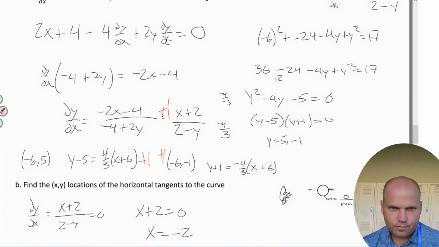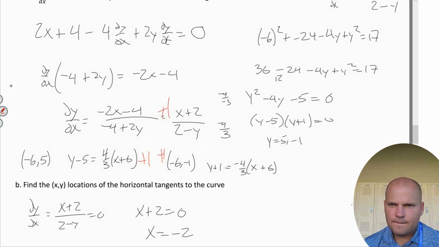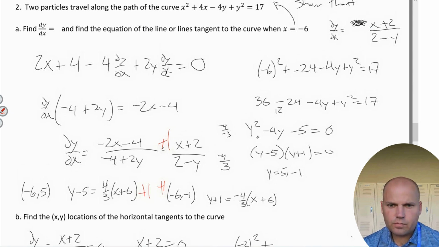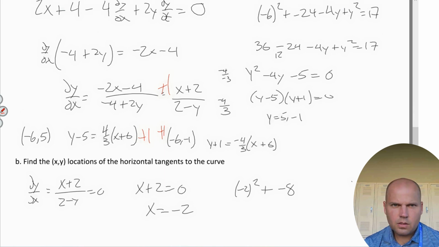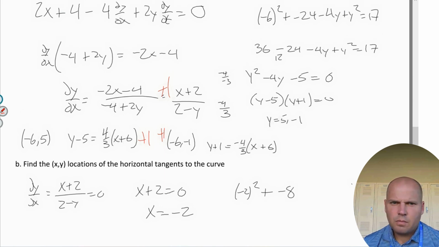So we already plugged in negative 6, so it'll look just like this. So it'll be negative 2 squared plus negative 8 minus 4y plus y squared equals 17.